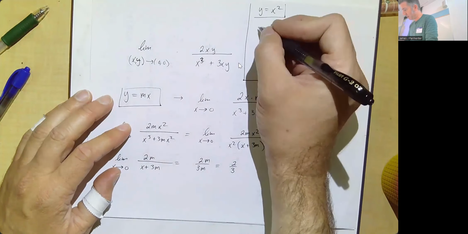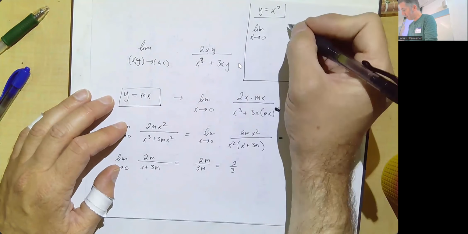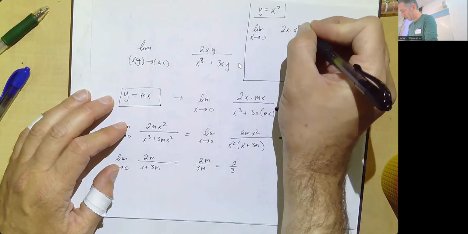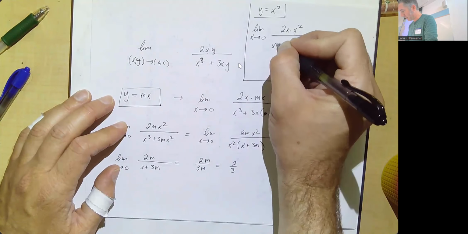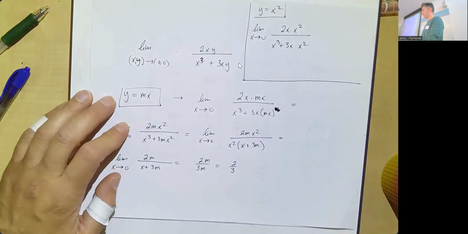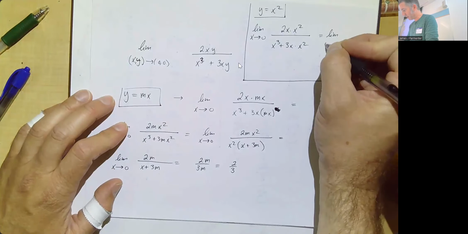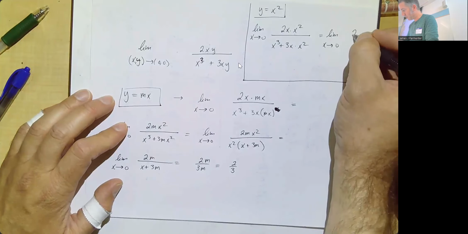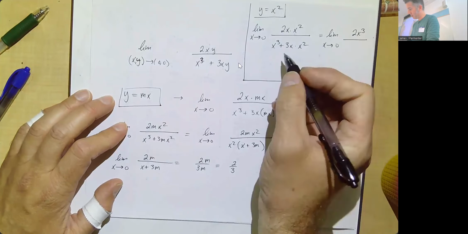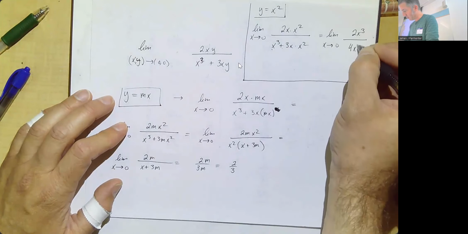Doing that, I'm going to get the limit as x goes to 0 of 2 times x squared over x cubed plus 3 times x squared. That's going to end up being the limit as x goes to 0 of 2x cubed over x cubed plus 3x cubed, which is 4x cubed.